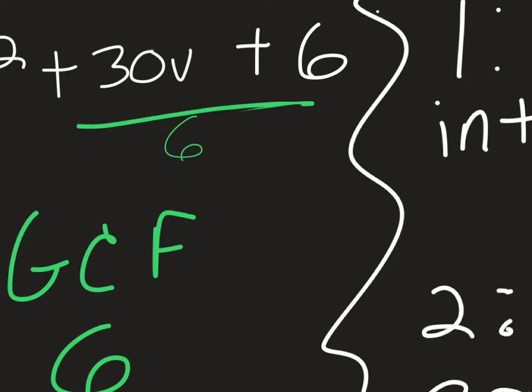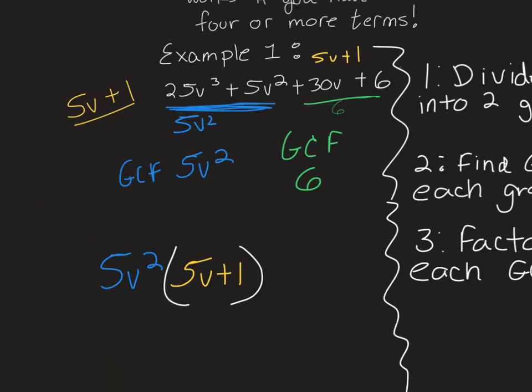Then in the second term, I had a 6. I factored out that 6. So then I have 5v plus 1. So after I take the green group and I factor out the greatest common factor, I have 5v plus 1 left over. So after I factored out that greatest common factor, I need to now write down here plus 6, because I need to put the greatest common factor out to the side, and it was a positive 6.